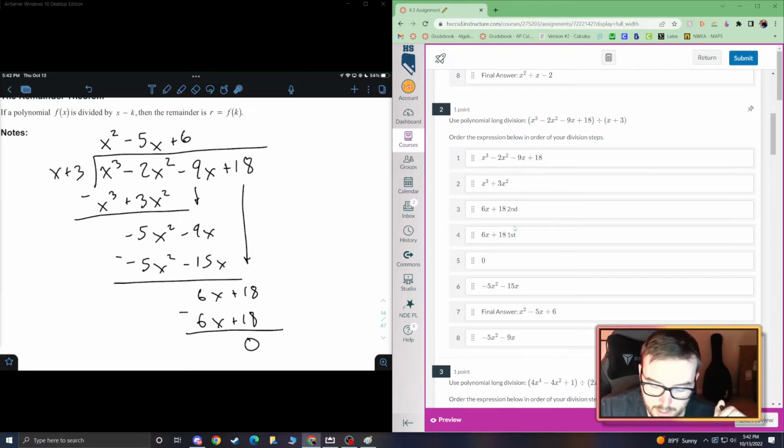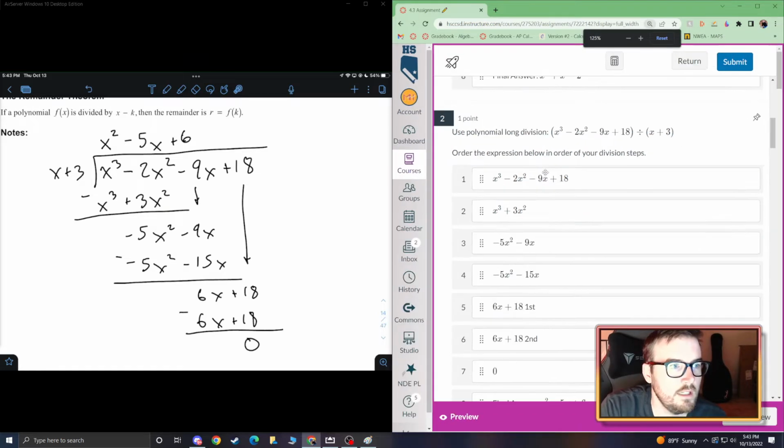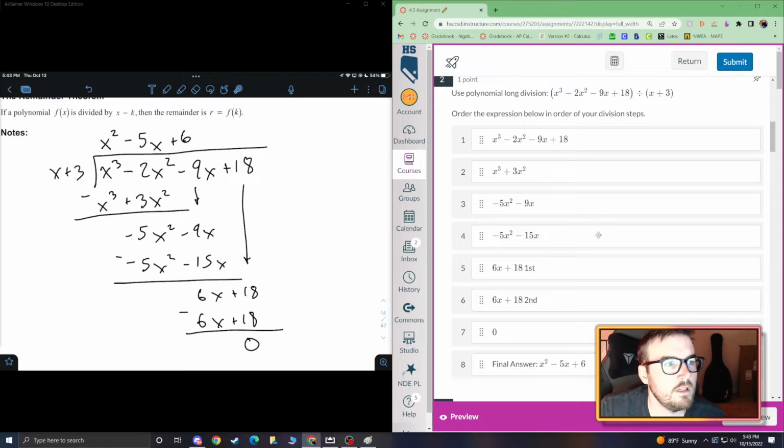When we did the subtraction, we were left with the negative 5x squared minus 9x, and then the first 6x plus 18, the second 6x plus 18 left us with a remainder of 0, and we had that final answer there. So hopefully that's legible for all of us there. I can maybe zoom in a teensy bit. No, that should be fine. Okay, so there it is.